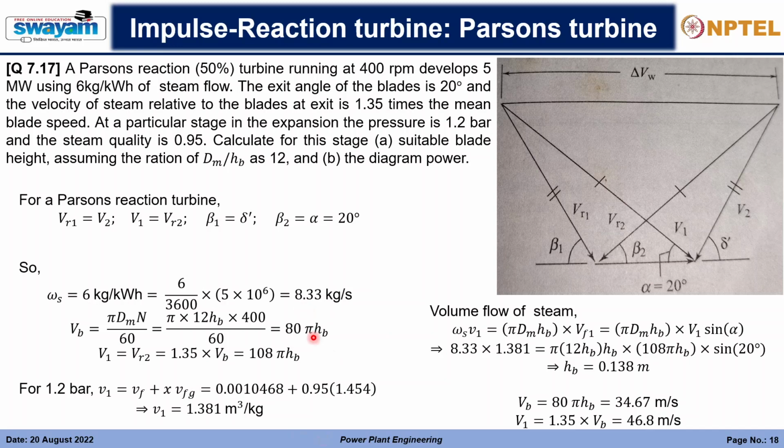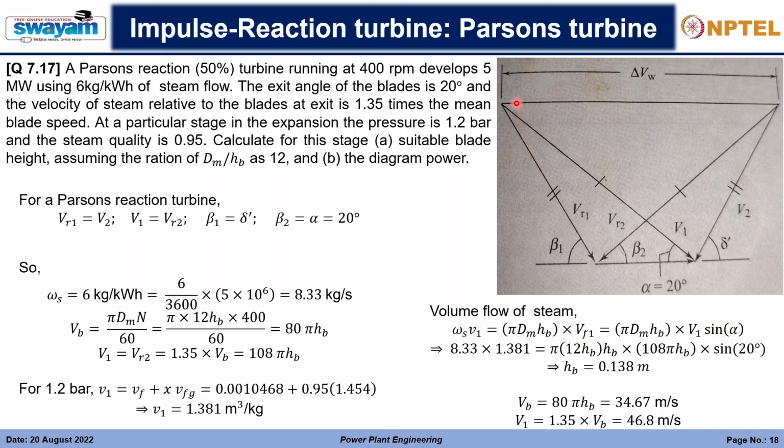If we know the specific volume, that is volume per kg of the fluid, then we can simply multiply the mass rate by it. That would give us meter cube per second, right? So that is the volume flow rate of the steam, and accordingly we can calculate this. So vf1, what is vf1?